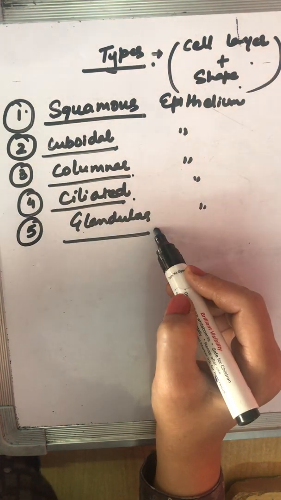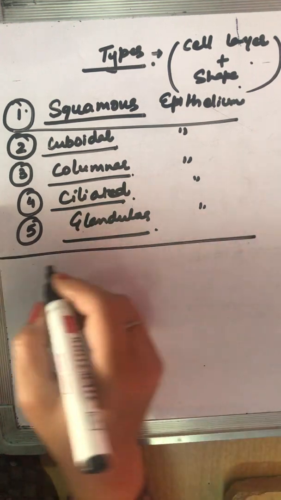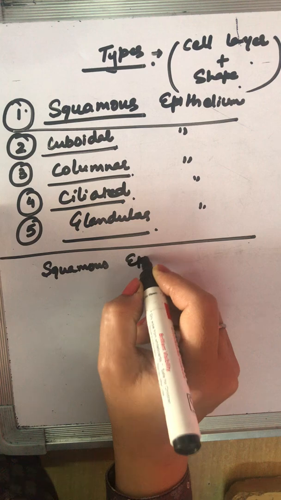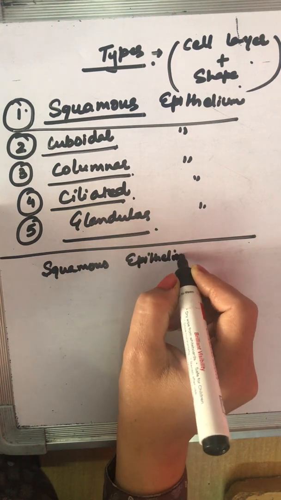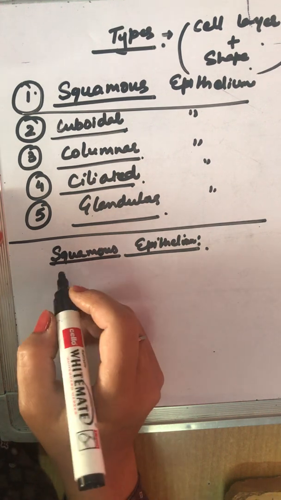Moving to the first one, squamous epithelium. First of all, the shape of cells.